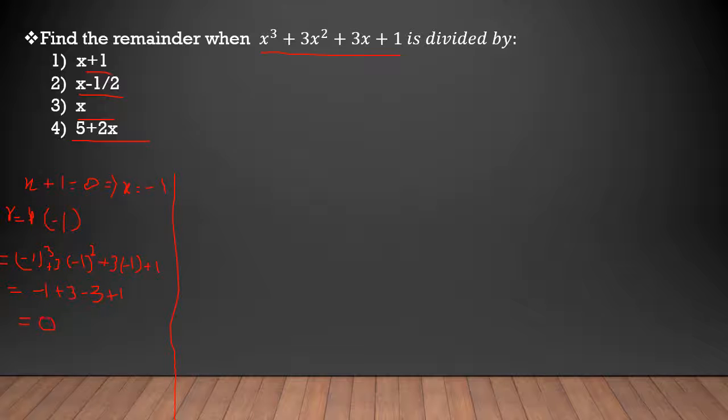So the remainder is 0 for this division. You can see how easily we have found the remainder using the remainder theorem.